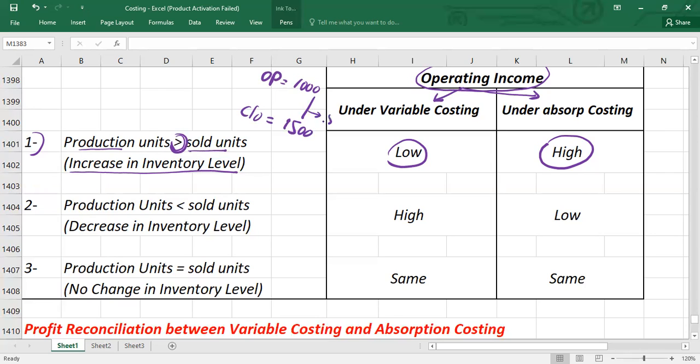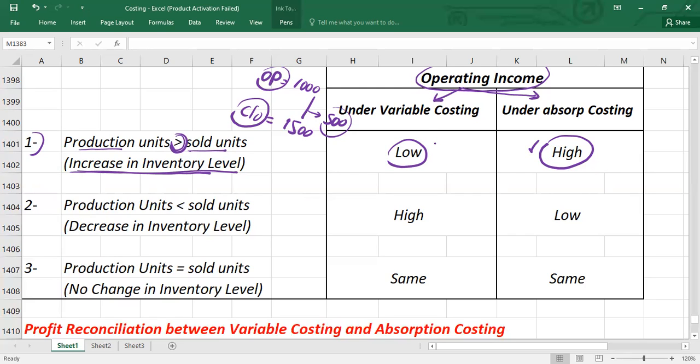So change in inventory is how much? 500 units. So whenever this scenario is given, for example, opening inventory is less and closing inventory in units is more, this is also called an increase in inventory level, because change in inventory level is 500, which is an increase. So in that scenario, absorption costing will also result in higher profit, and variable costing will give you lower profit.